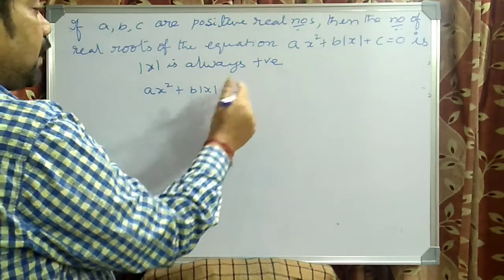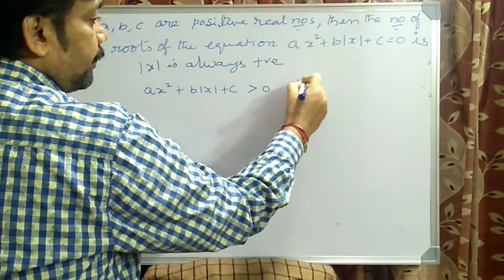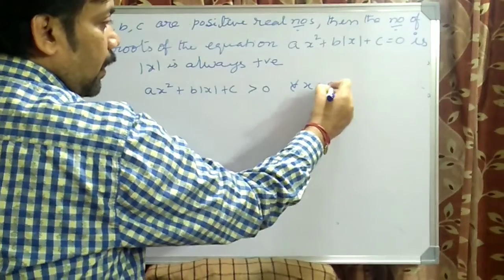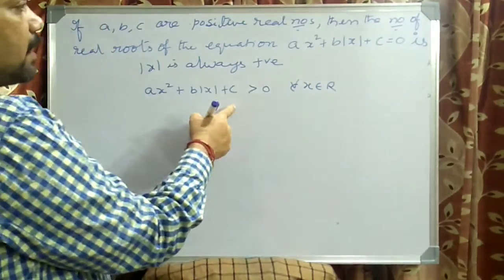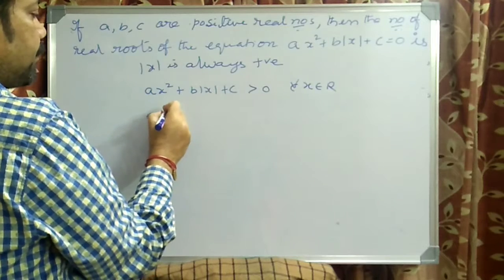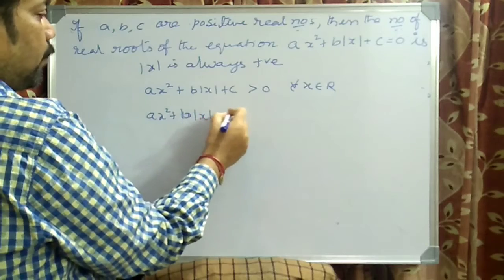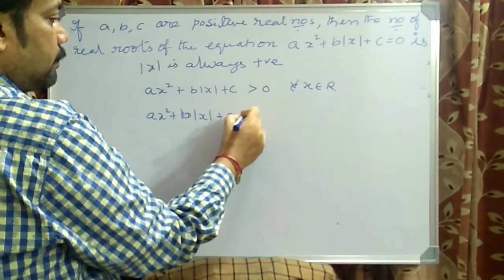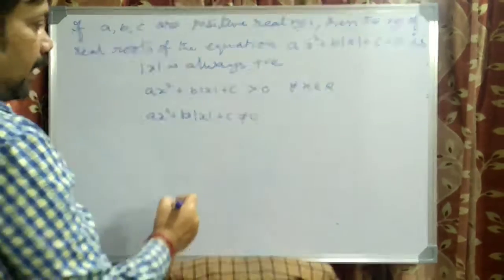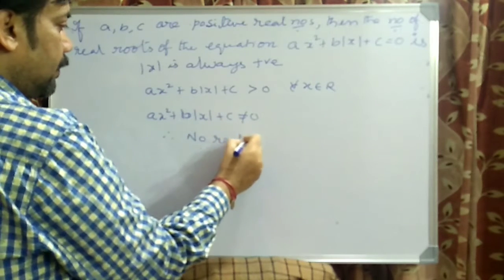So the overall value will always be positive for all x belonging to R. So this is never equal to 0, because mod x is a positive value, right? Therefore, no real root.